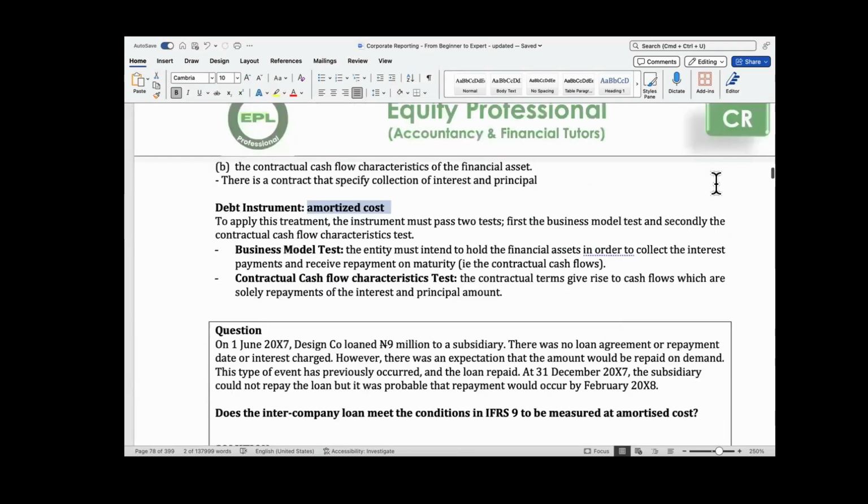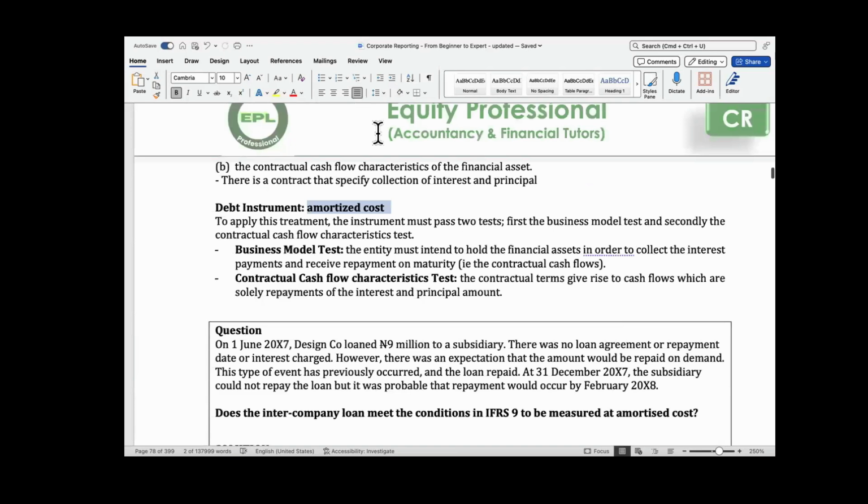Okay. So again, this question is just saying that I gave a loan to a subsidiary and I can get my money whenever I need it. So it's saying he has told the subsidiary that I should not pay interest, but I can get my money whenever I need it.